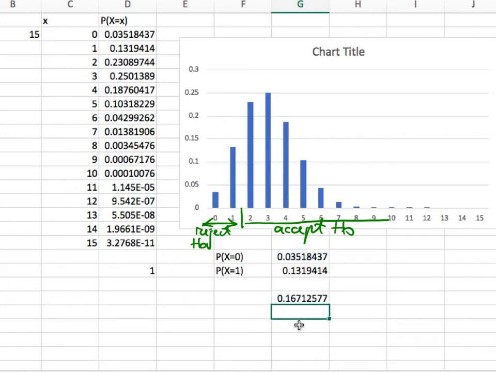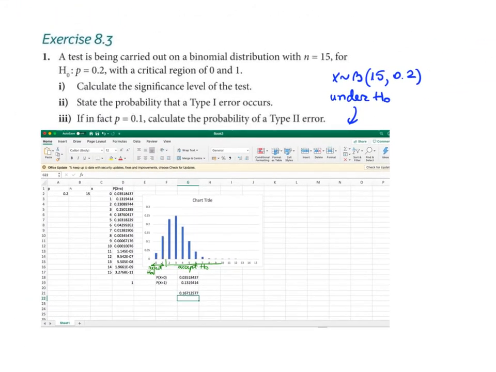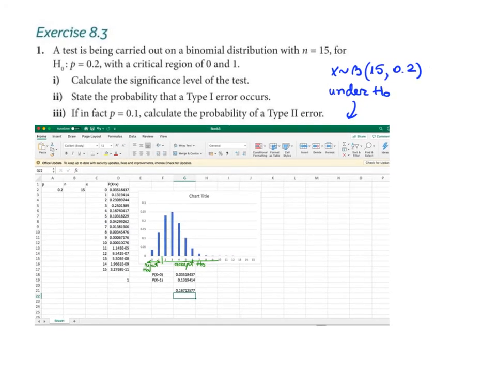Now the probability of a type 1 error is 16.7%. In this case, the probability of a type 1 error is the same as the significance level of the test. We will see later that not always in the case of a discrete distribution are the two equal. Let's now look at the third question.